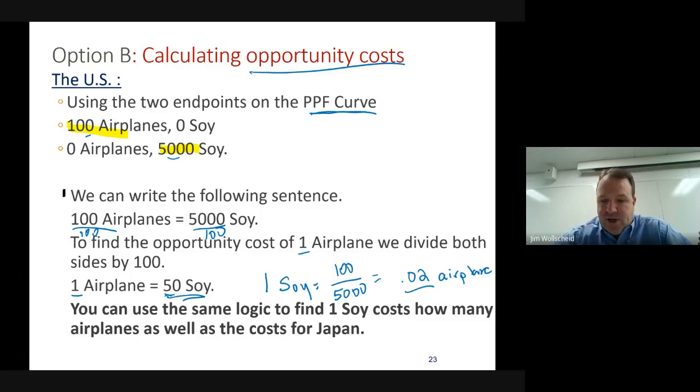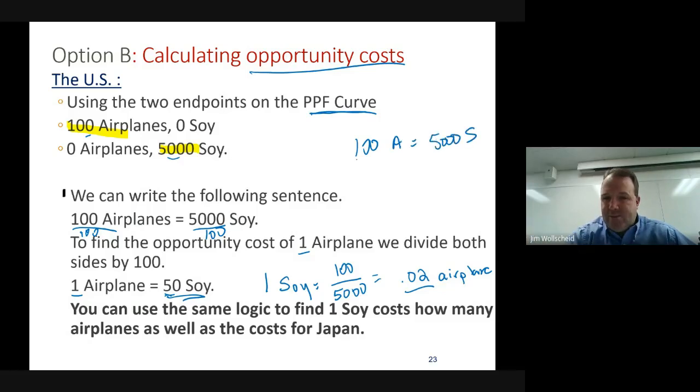So one airplane should cost more soy, and hence one soy should cost less airplanes. That's kind of a way to check yourself to make sure you did the division right. A lot of times students struggle with the division. If you follow the sentence or you follow the way I did it here, you should never struggle.